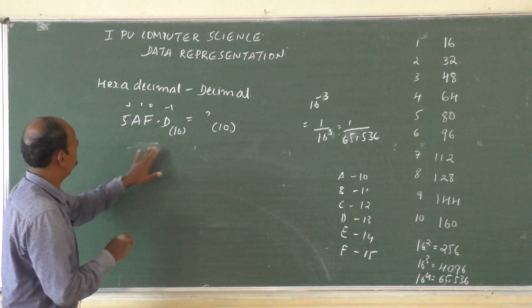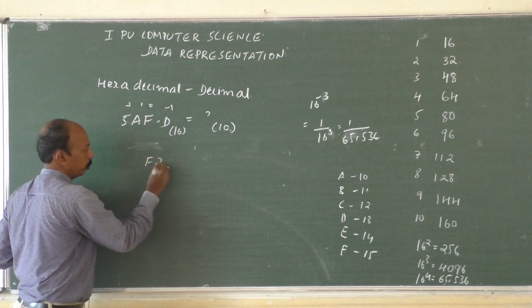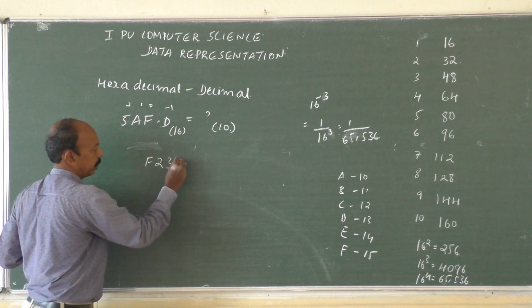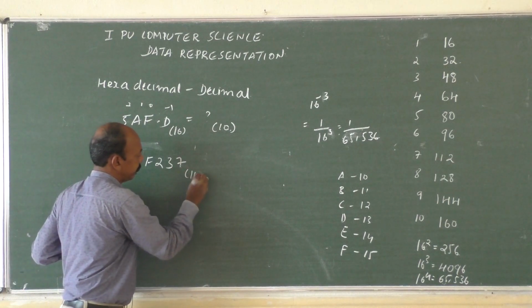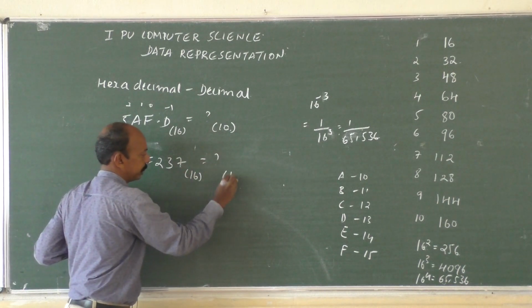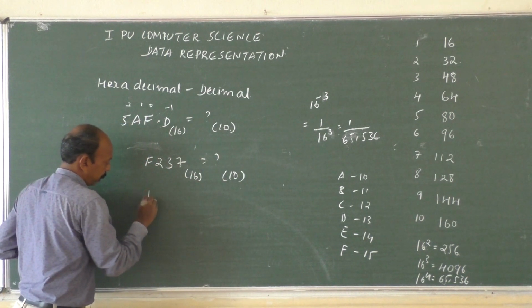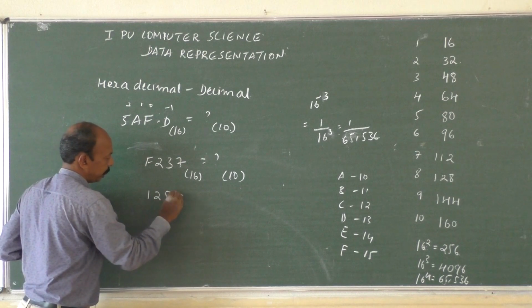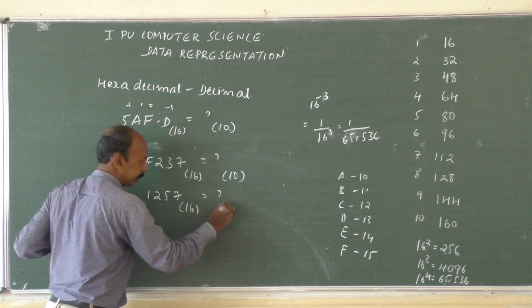Some other examples you work out. F237 to the base 16 is how much to the base 10? Work it out. 1257 to the base 16 is how much to the base 10?